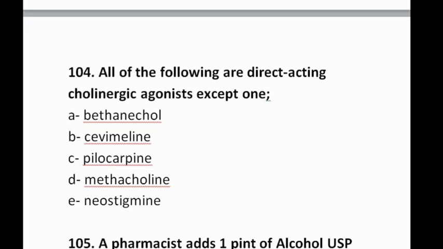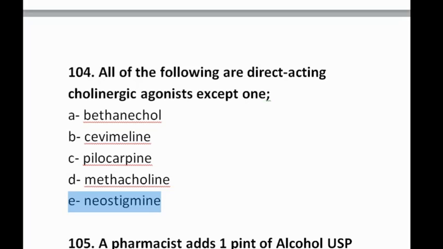So in these options, option A, B, C and D, all these are direct acting cholinergic agonists, while option E, that is neostigmine, is actually an indirect acting cholinergic agonist.